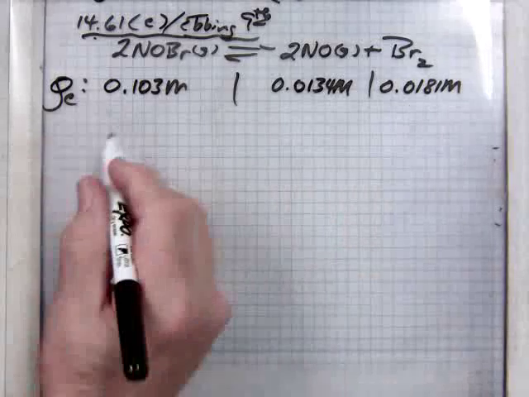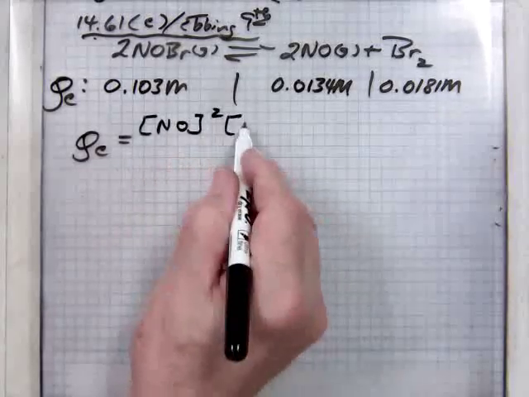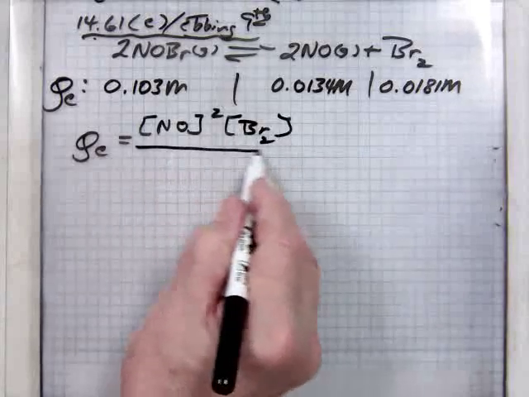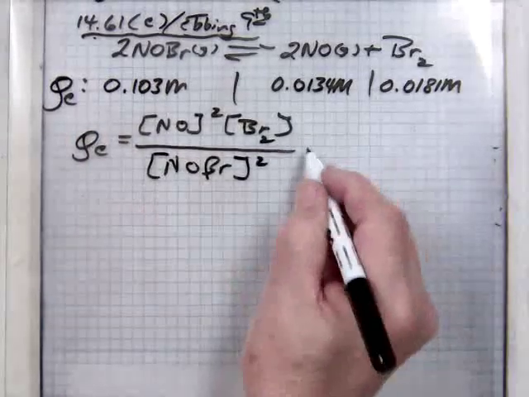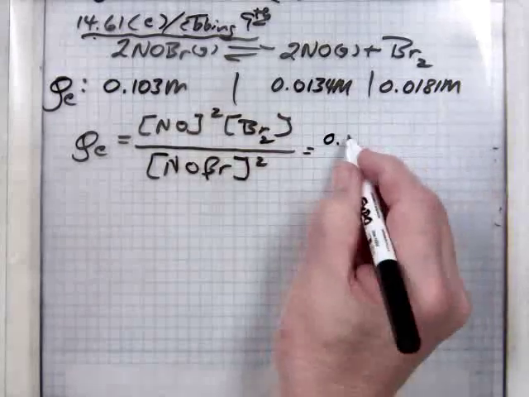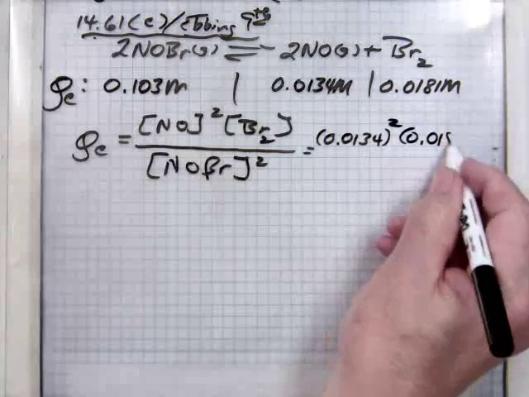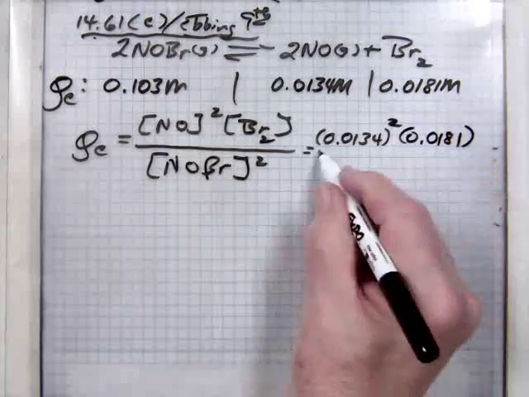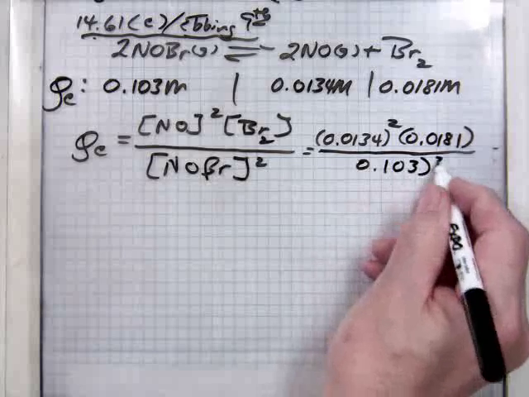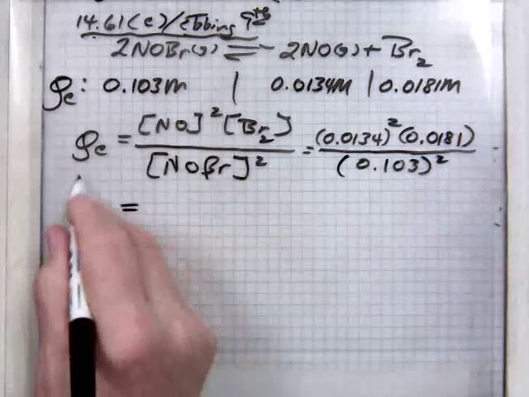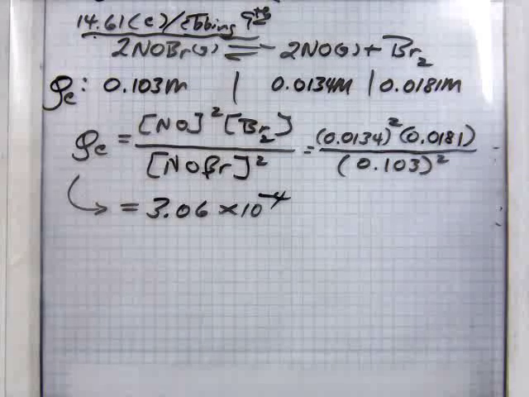Products over reactants, right? So QC is NO squared times Br2 over NOBr squared, and substitute the values. I get 3.06 times 10 to the minus 4.